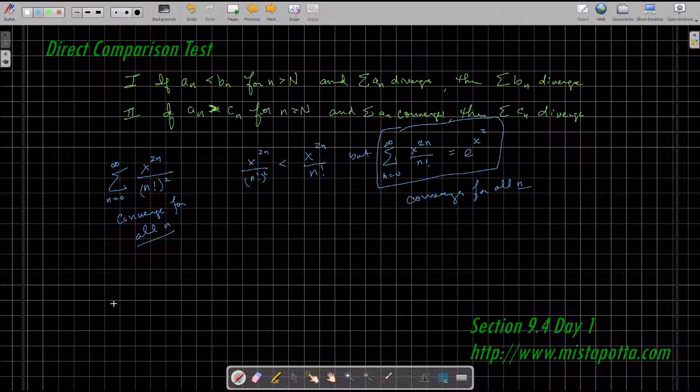In other words, it's really convenient if I can find some way to compare it to something that's known.